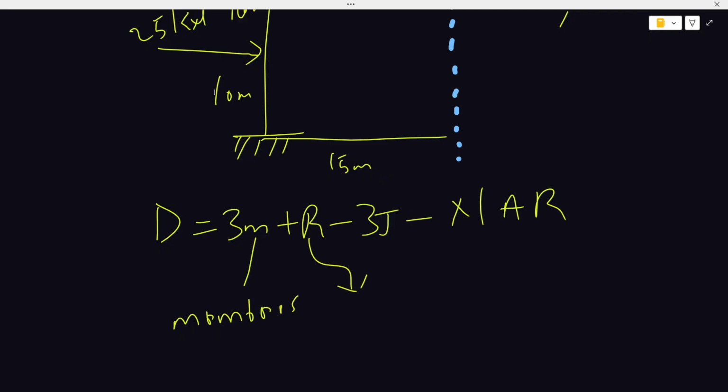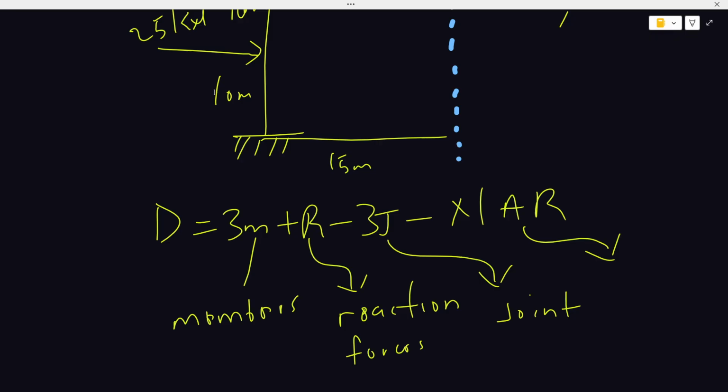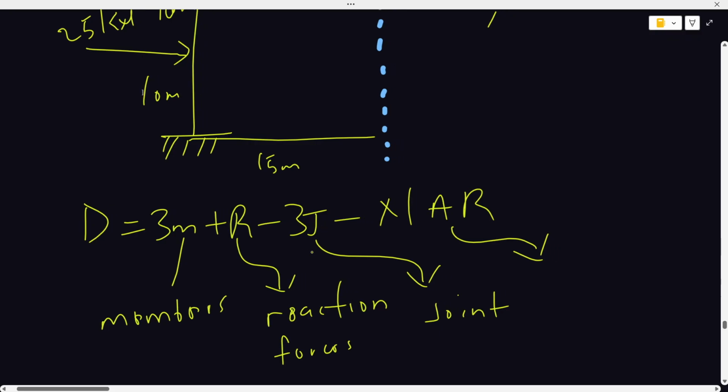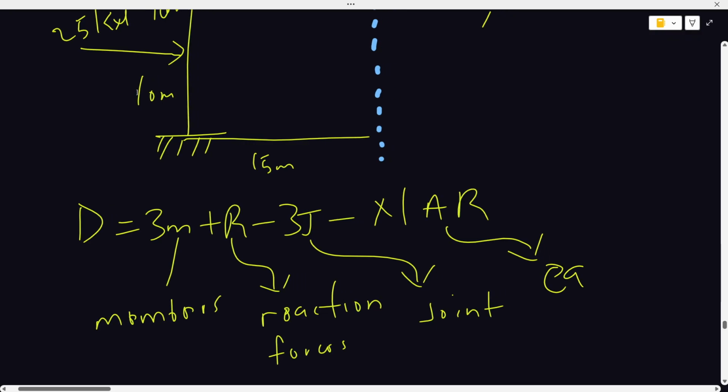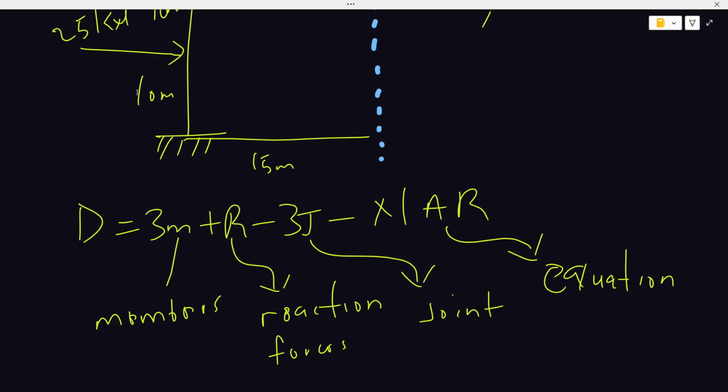R represents the reaction forces present. J represents your joints. NER represents the number of equations of condition present.